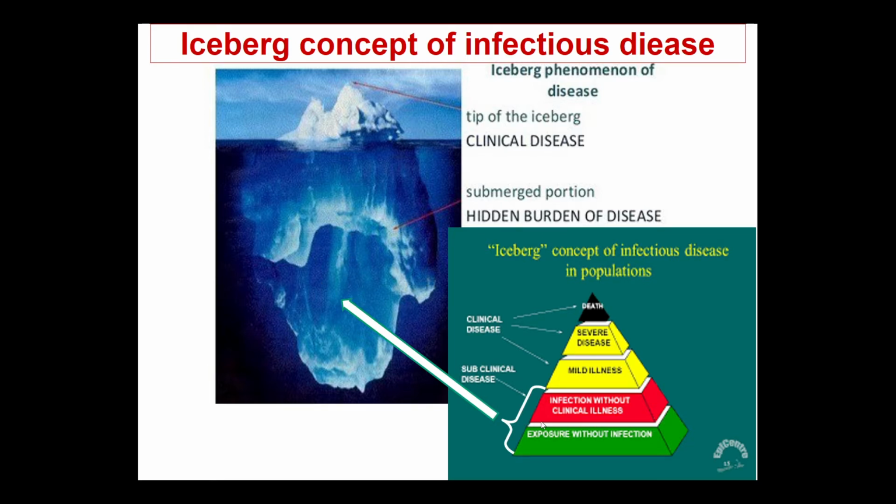The red sector is infection without clinical illness, without manifestation, and green are people exposed to the infectious agent without development of visible infection.